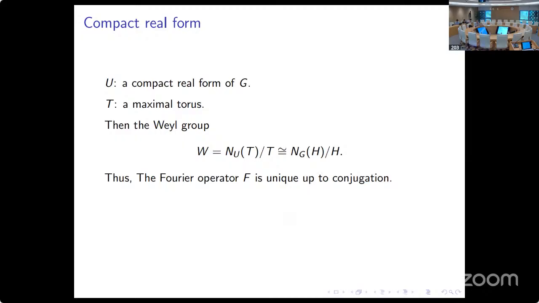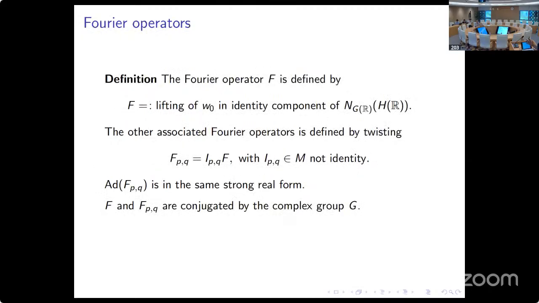But for the split real case, there could be different conjugacy classes. It may not be unique. It can come with different real forms. The reason is you have this quasi-split involution, but you can twist it with others.